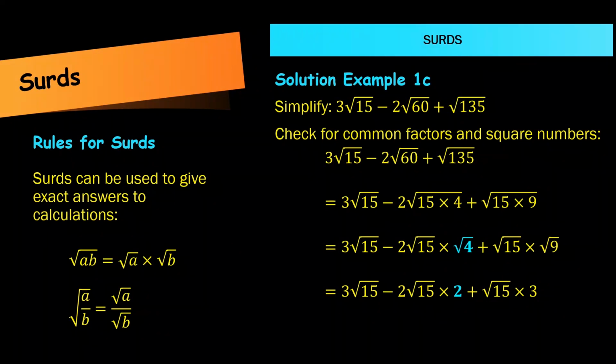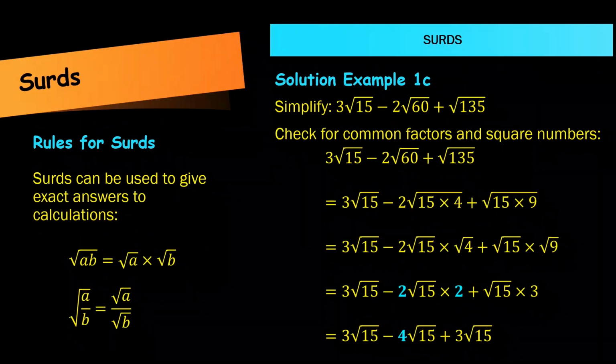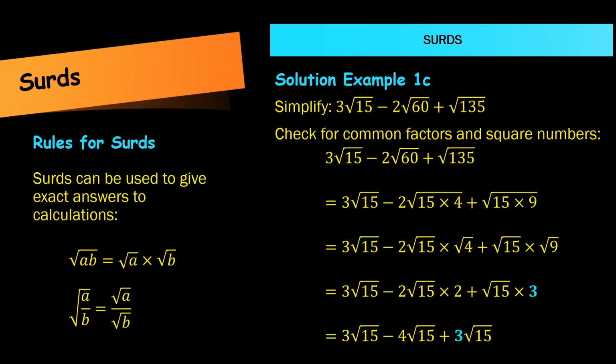Let's simplify the square numbers. So root 4 becomes 2 and root 9 becomes 3. And of course we can tidy up. So 2 times 2 gives us 4, and we put the 3 at the front here.